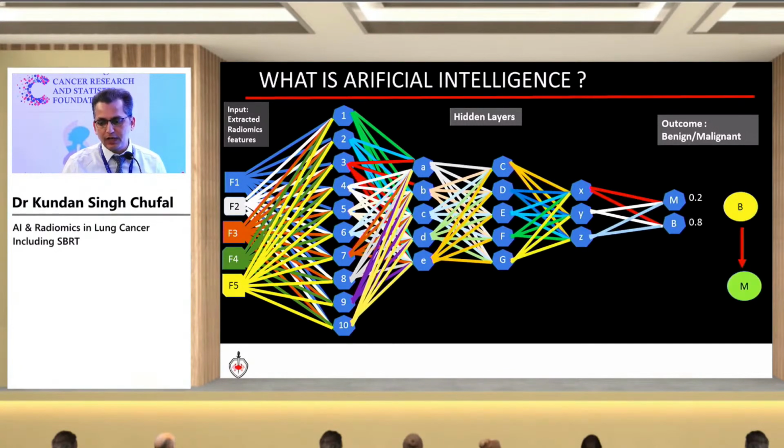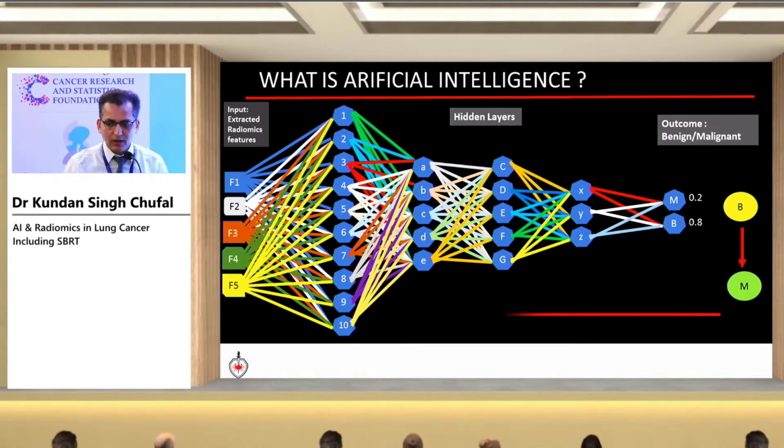Finally, we get a probability that this lesion will be malignant or benign. So our question is, what is the outcome of this particular lesion? Whether we want to predict that this lesion is malignant or benign. It has predicted that this has an 80% probability of being benign, but as I have told you, the algorithm knows the answer. It knows that this is not benign, this is malignant.